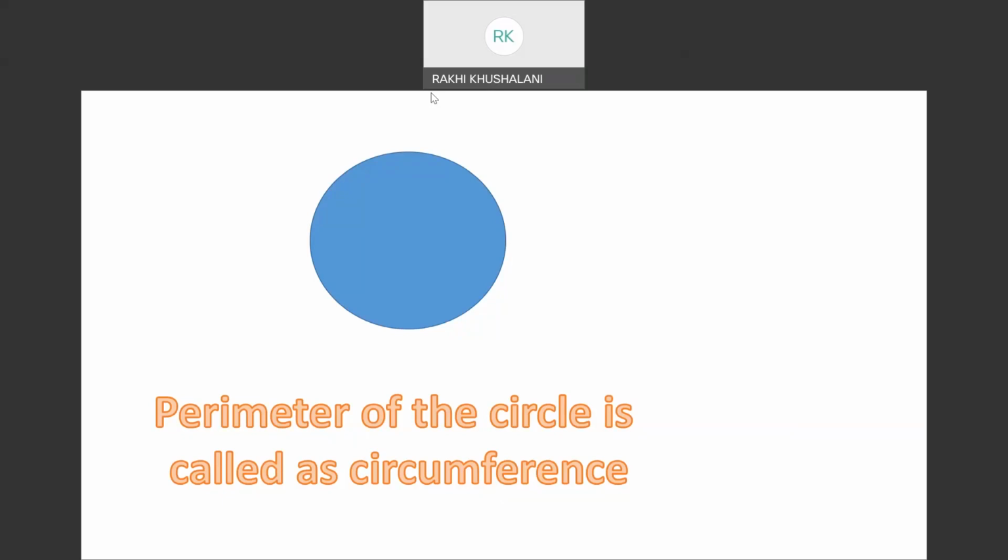Basically, the perimeter of the circle is called the circumference of the circle. The border length, we measured the length around using the thread because we don't have a circular scale. So we took a thread, we measured around, and then we kept the thread straight on a scale, and we came to know the length of that particular thread, and that is called the circumference, or yes, the perimeter of the circle.